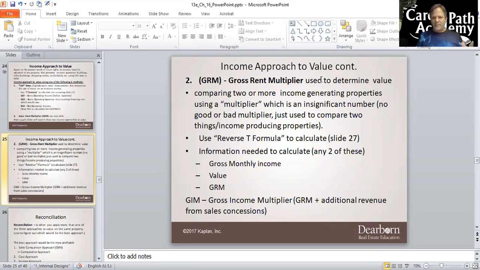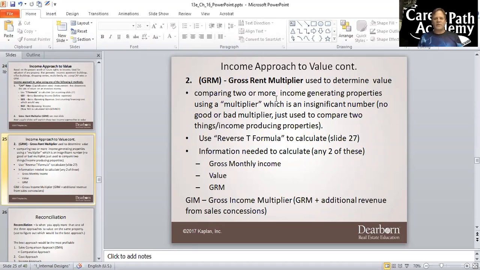You have to compare apples to apples. If you have a 5-family house, you can only compare it to another 5-family house. You can't compare a 5-family to a 4-family. It has to be the same number of units. You'll see what I mean once we get to the math of it.